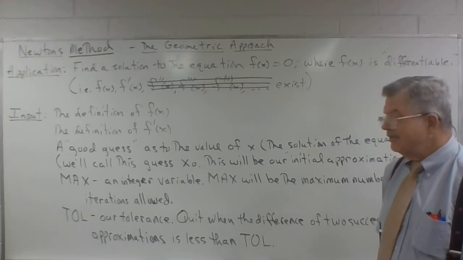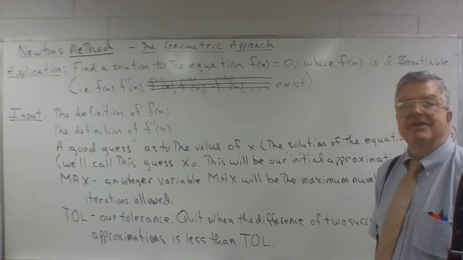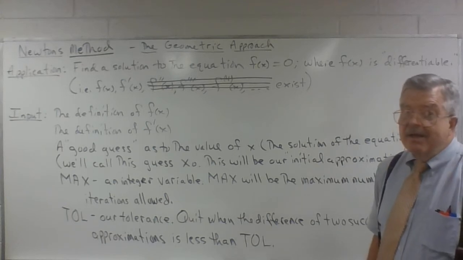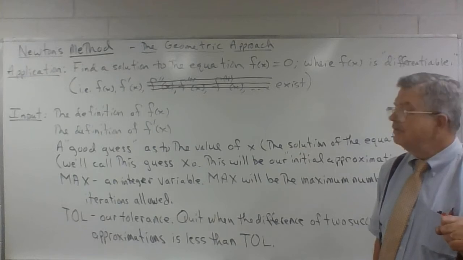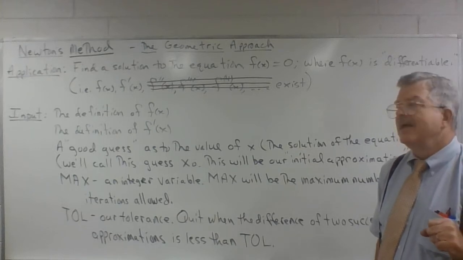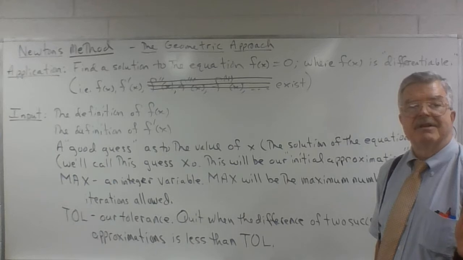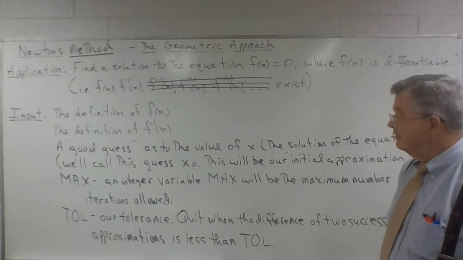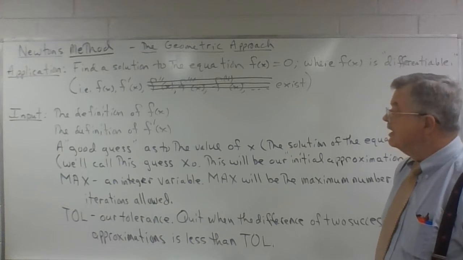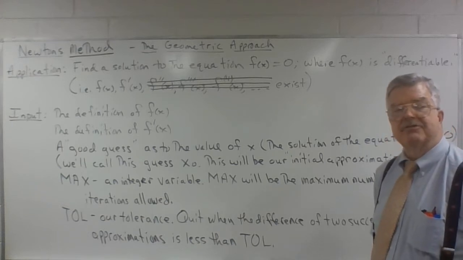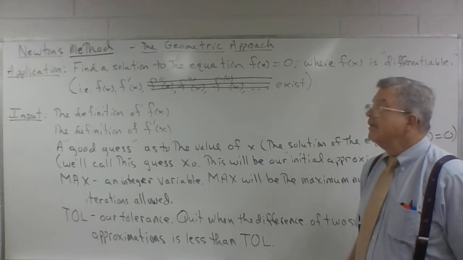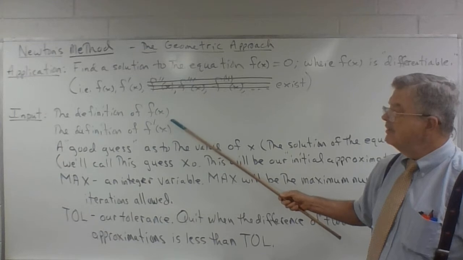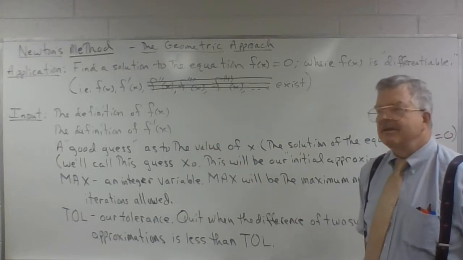So let's say that x of 10 and x of 11 differ by less than 10 to the negative 8. We figure we're pretty darn close, and we're going to take our last approximation, x sub 11, as our final approximation for the value of x, our solution. So this is what we use the algorithm for. This is our input.